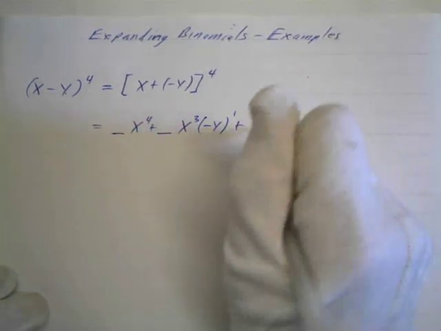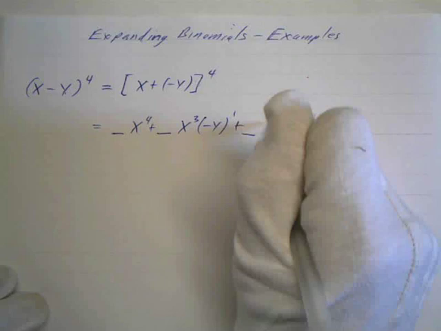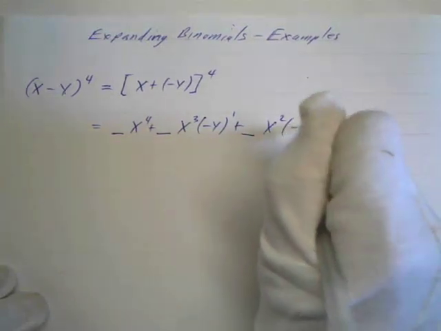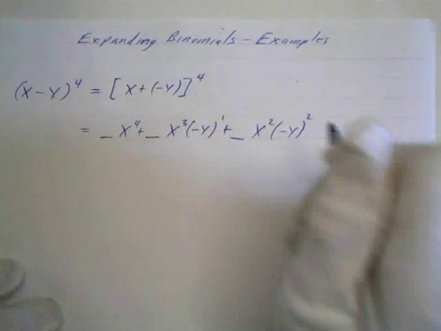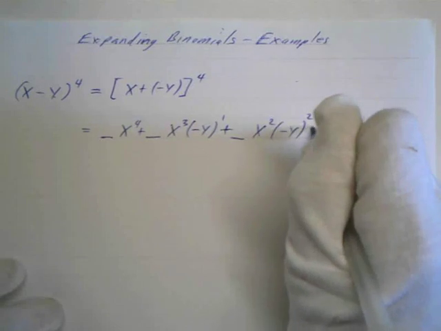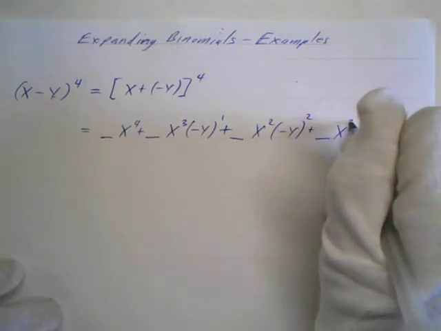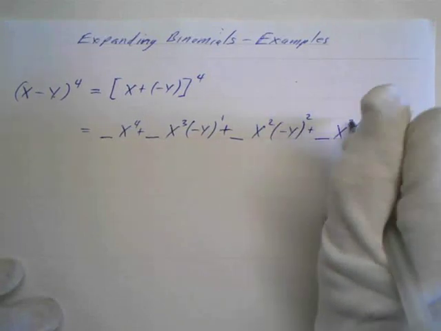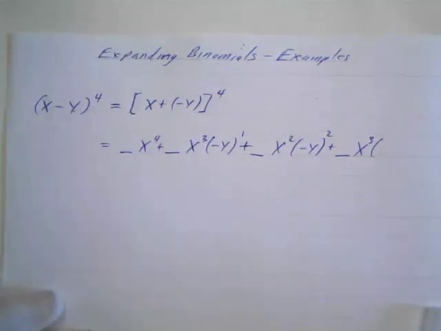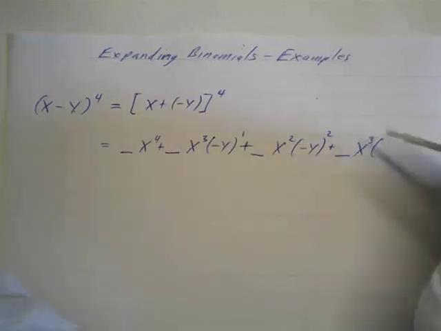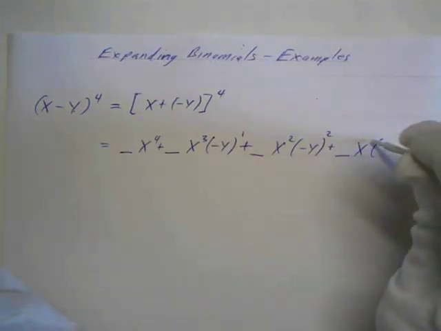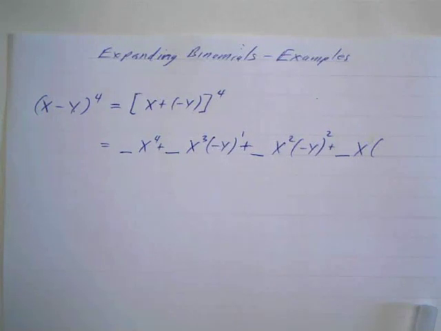And then plus something, and then x to the second, negative y to the second. X to the third, I'm sorry, x to the first, descending, 3, 2, 1. X powers are descending and the y powers are ascending.